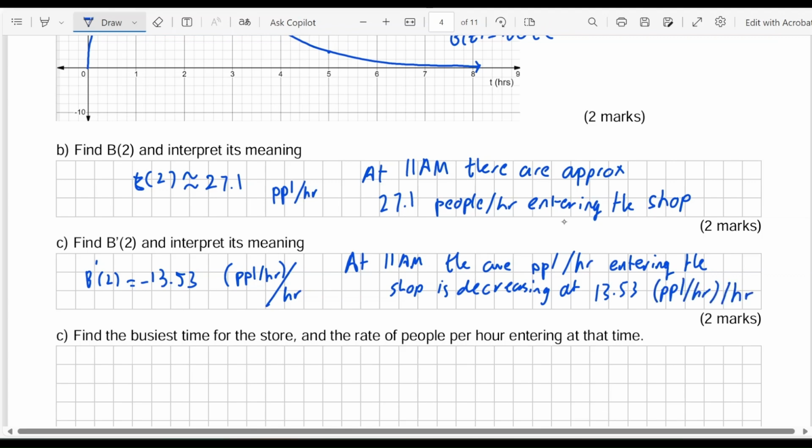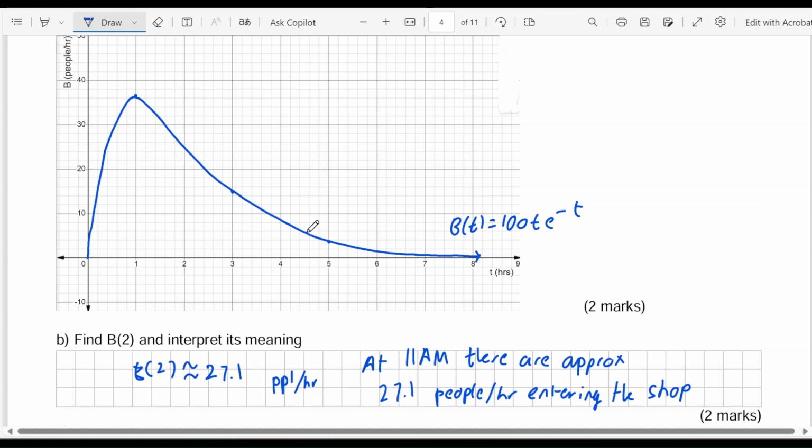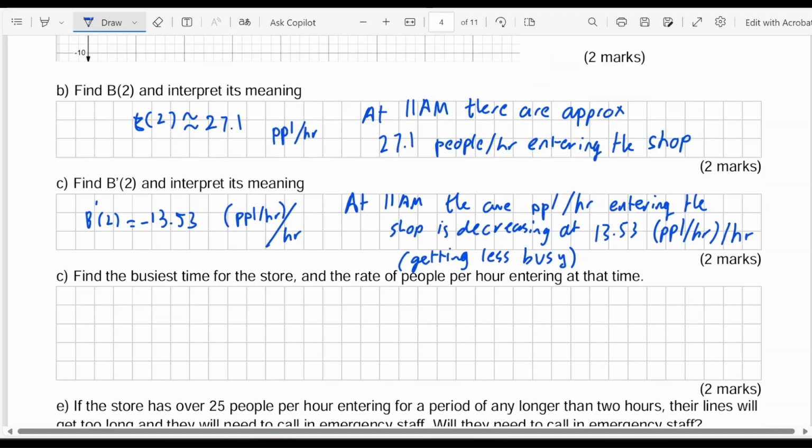Very weird unit there. So basically it is getting less busy. Okay. So really what we've just worked out is sort of the slope at 2, and you can see that it's sloping down there, so it's getting less busy.